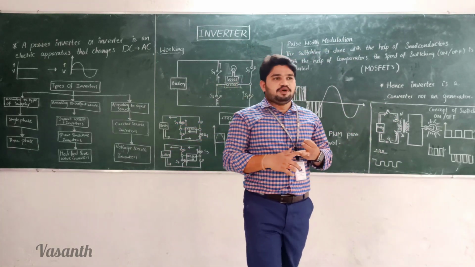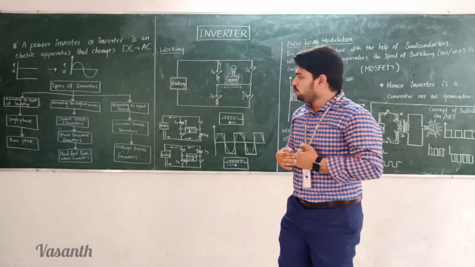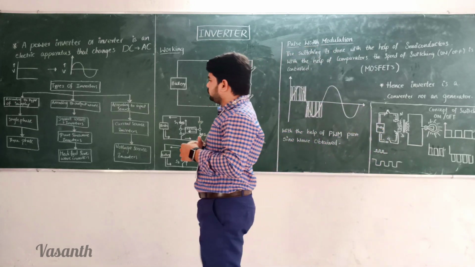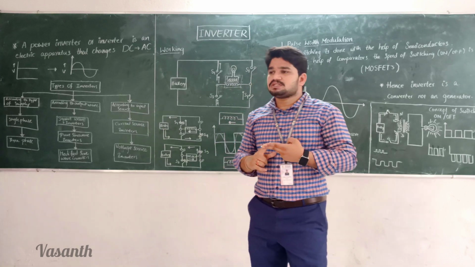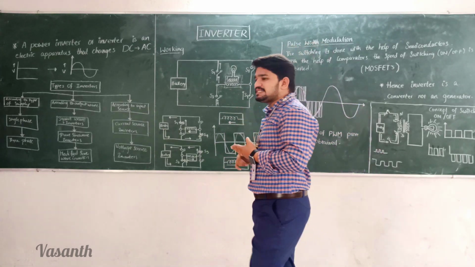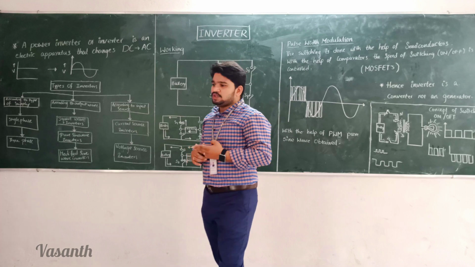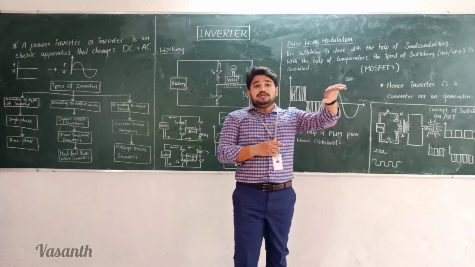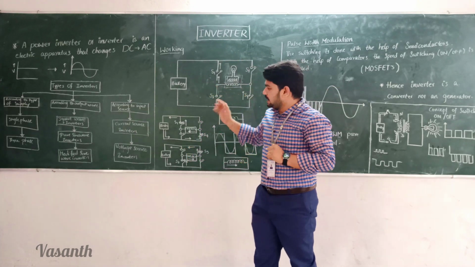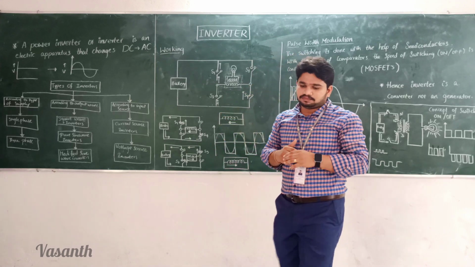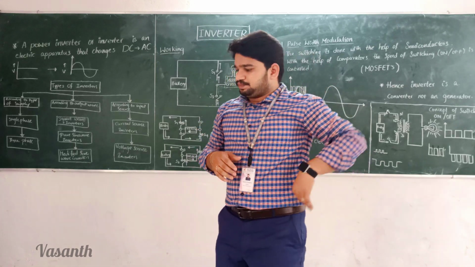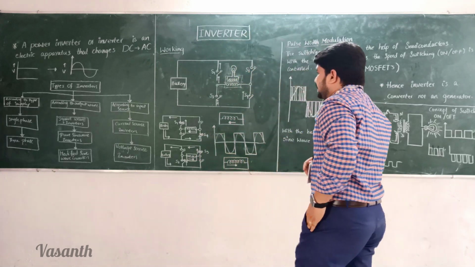Next, according to the output waveform, we have square wave inverters, pure sine wave inverters and modified sine wave inverters. According to input sources, we have current source inverters and voltage source inverters. So now let us see the working of this inverter.